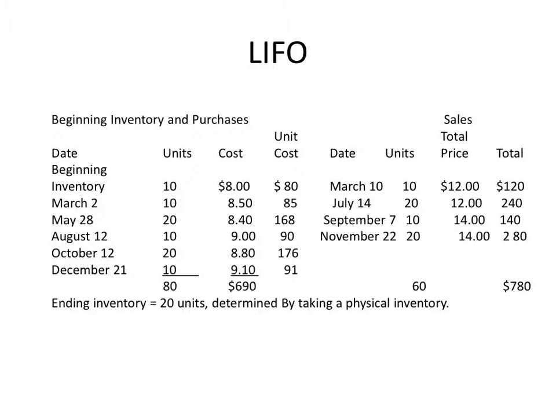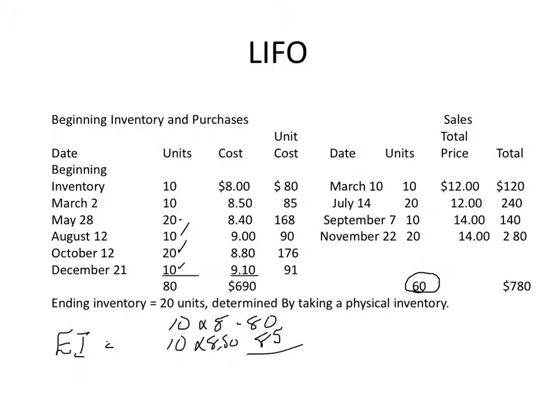Now let's compare that with Lifo. Under Lifo, we assume that the 60 that were sold were the last ones purchased. So those 60 would be this 10, this 20, this 30, this 10, and that 20. And therefore, the ending inventory would be the 10 times $8 or 80, and the 10 at $8.50 or 85.